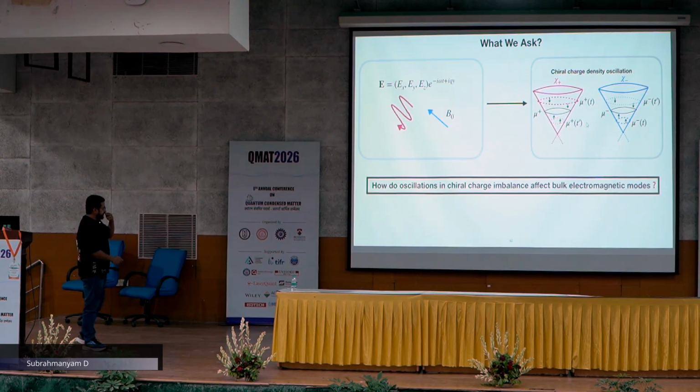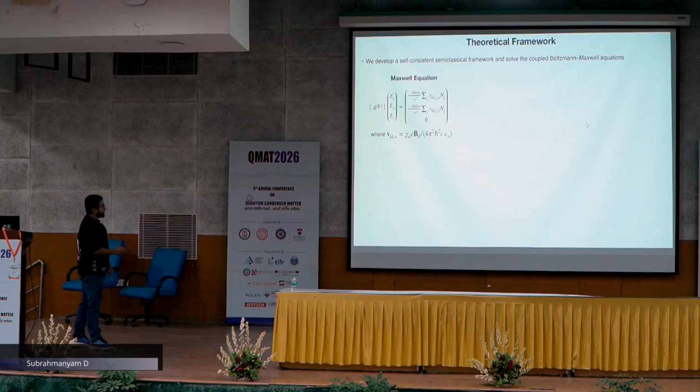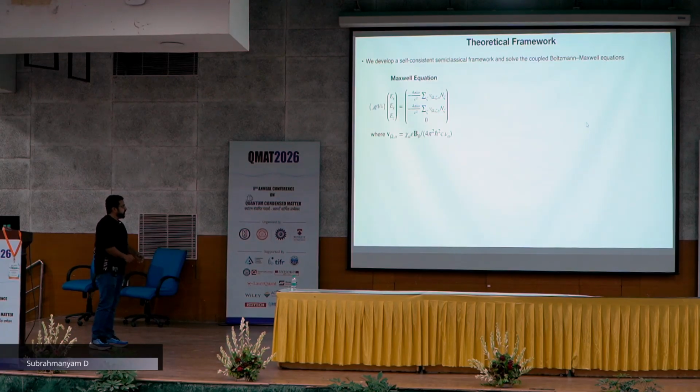So what we ask is how do these oscillations in chiral chemical potential imbalance affect the bulk electromagnetic modes? To answer this question, we developed the following theoretical framework where we use semi-classical Boltzmann formalism to solve coupled Maxwell's equation and Boltzmann equation self-consistently.